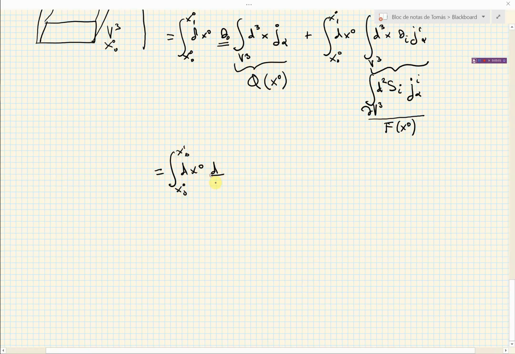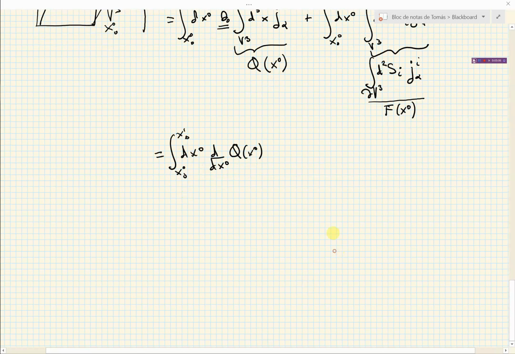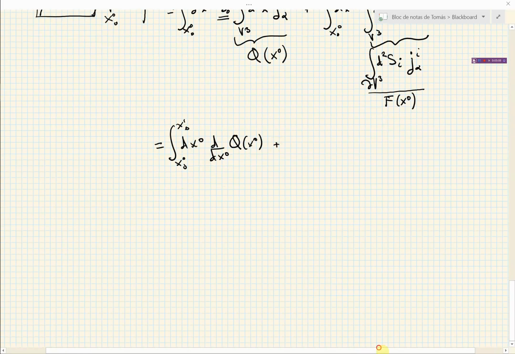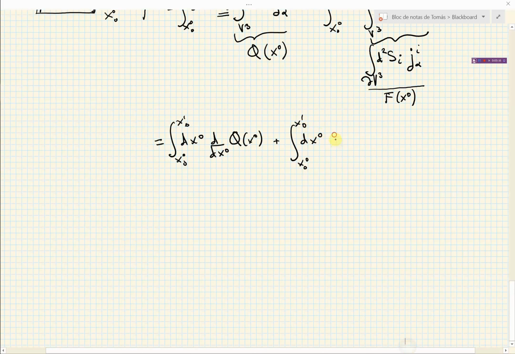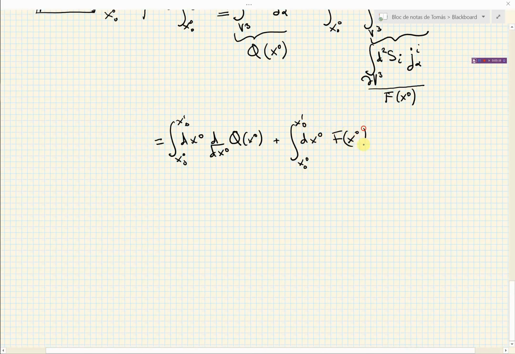So let's write it like this, on Q of x0, and the second term is an integral over time of the flux across the surface. The first integral is very easy to do, so it is Q at x01 minus Q at x00 plus the integral of this flux.